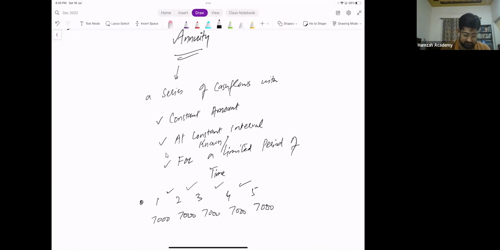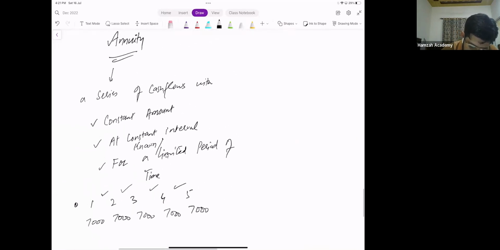Limited means known period of time. Now, this is called annuity. Its present value can be calculated.